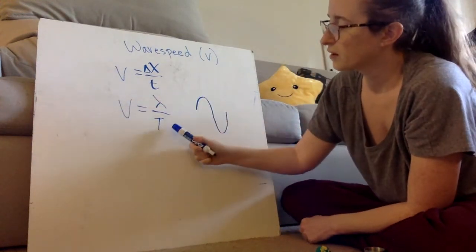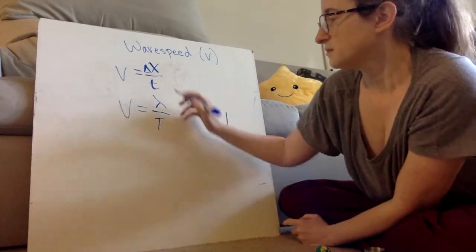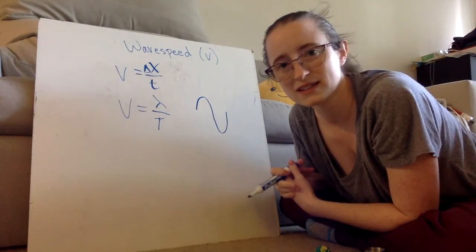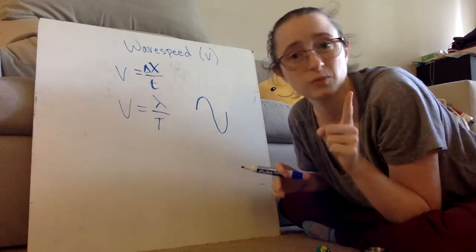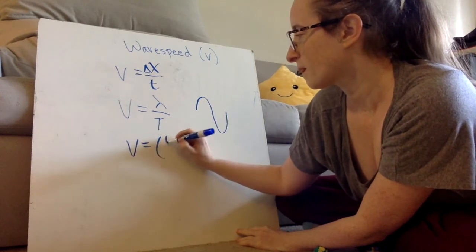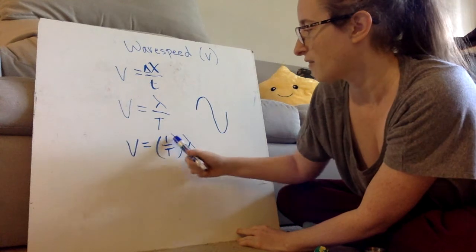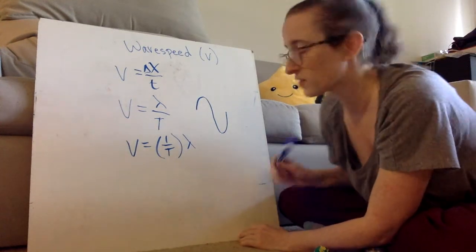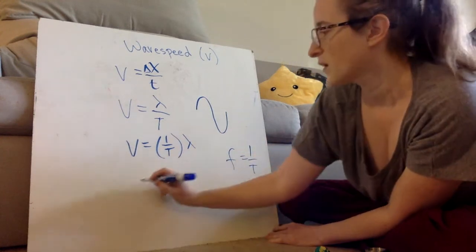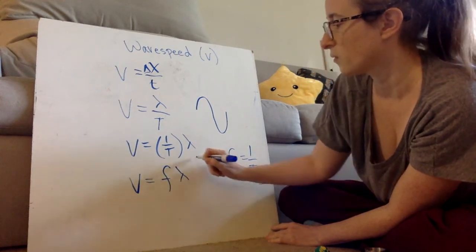So it's wavelength per period. Generally speaking, period is actually not a variable that's that easy to measure, and we don't like fractions. So usually this is rewritten. We can put the period as 1 over T times wavelength, and then 1 over T, remember you have an equation for that where the frequency is equal to 1 over T, and so then this becomes frequency times wavelength.